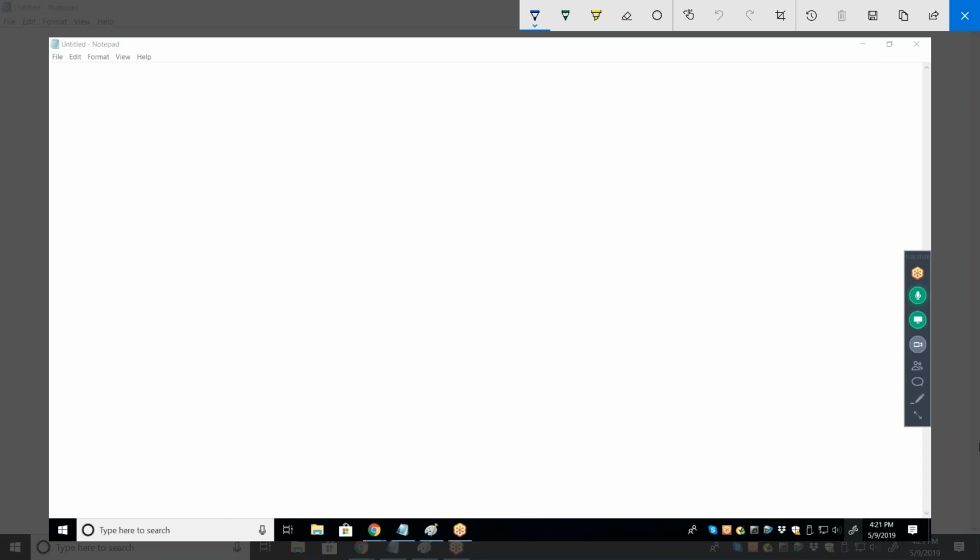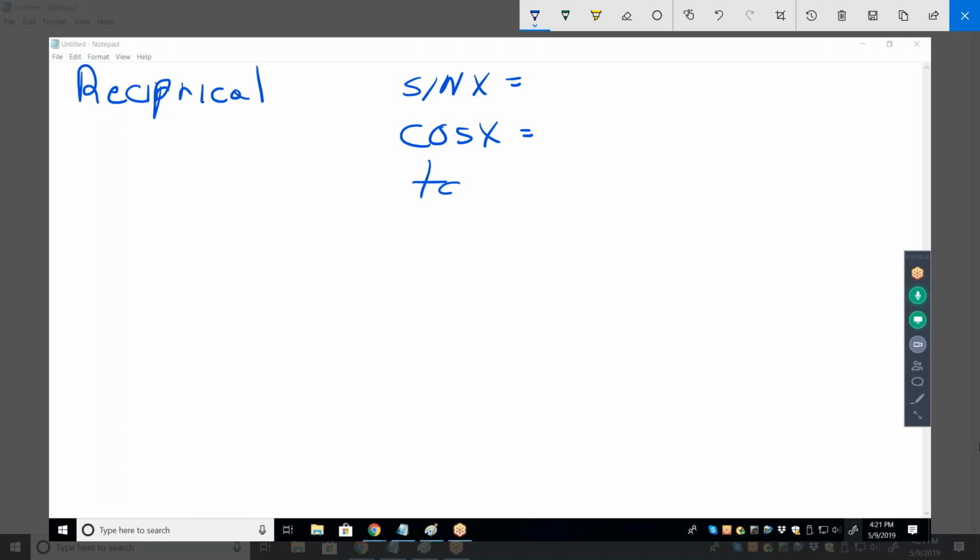Okay, so maybe you'll have one card that says reciprocal. And on that card you have sine x equals, you have cosine x equals, you have tangent x equals.